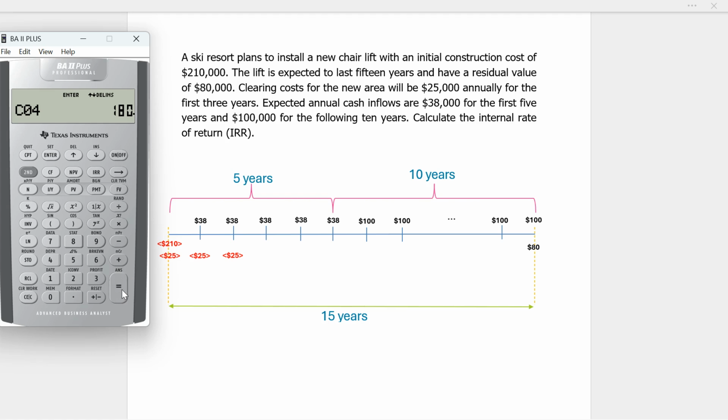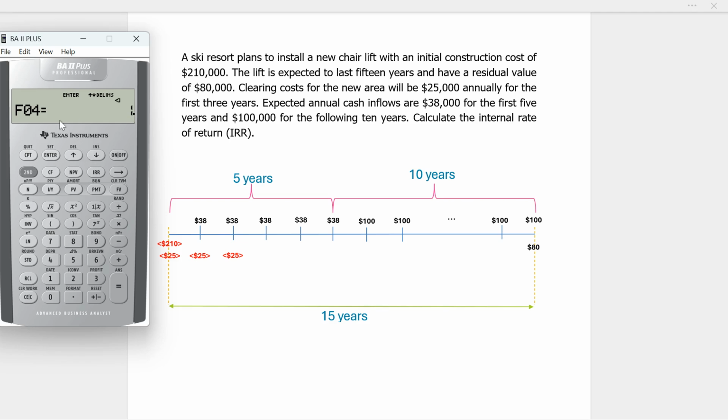Look at here, we need to enter all the returns as a positive number. So $180,000 would be a net return in year number 15. I'm going to enter that as a positive number. Just press enter, then go down. This expected value of $180,000 happens just for one period.